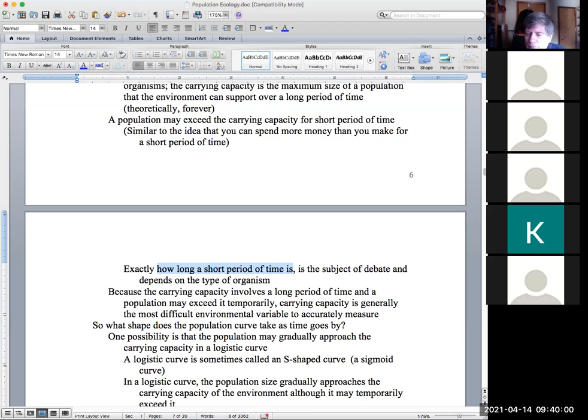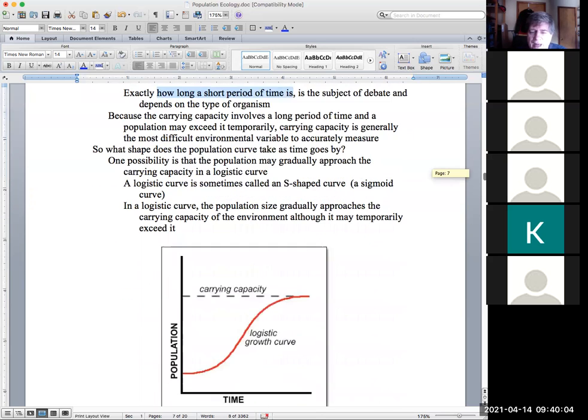So the carrying capacity is very difficult to measure accurately. So let's think about what happens to our population as time goes by. Now, one of the things that can happen to our population, just focus on the left half of this red curve for a moment.